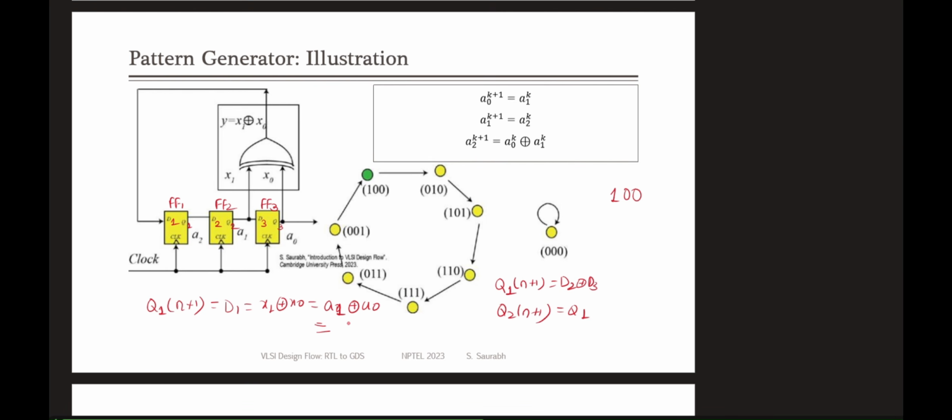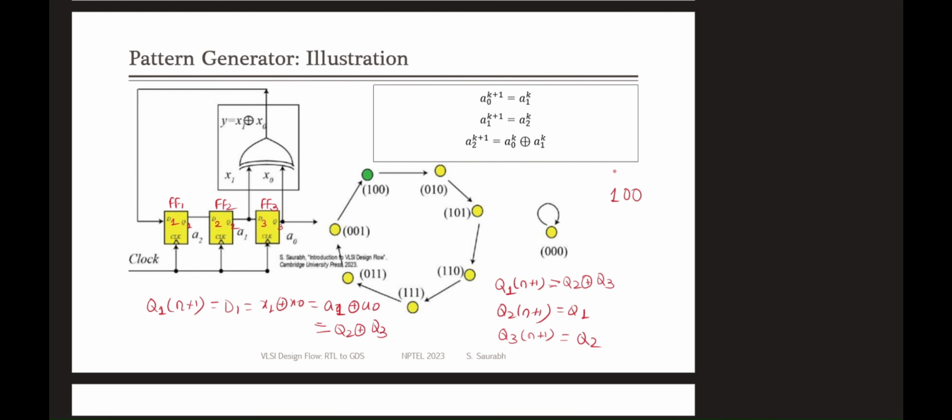It is not D2 XOR D3, but rather it is Q2 XOR Q3. Let me correct it here. It will be Q2 XOR Q3. And the next state of Q3 will be D3, and D3 is attached to Q2, so Q3 next state is Q2.